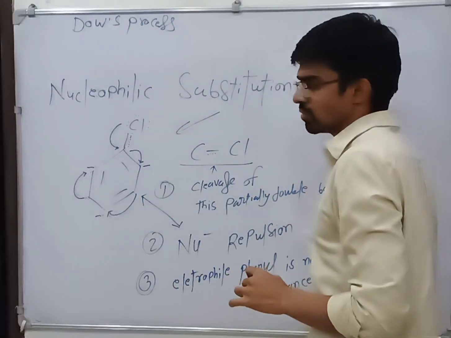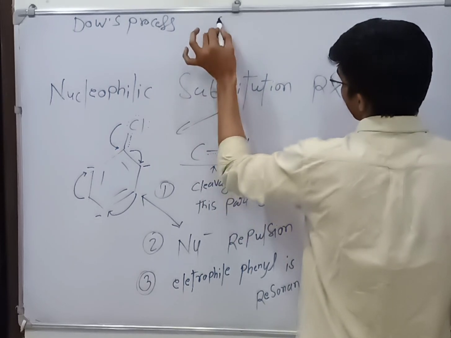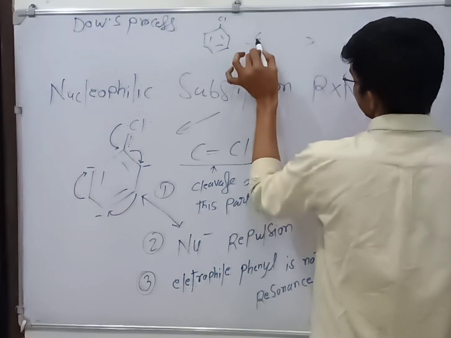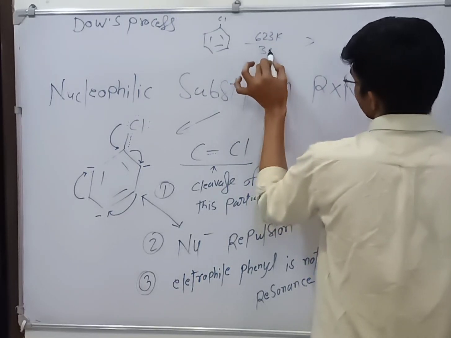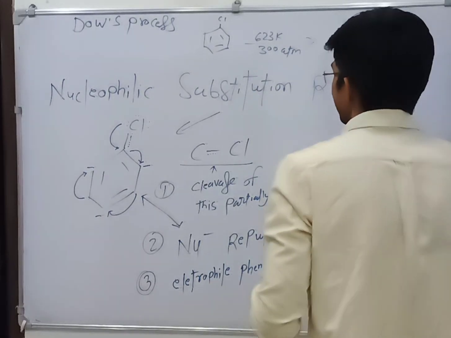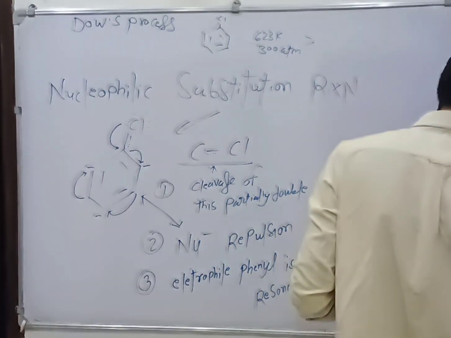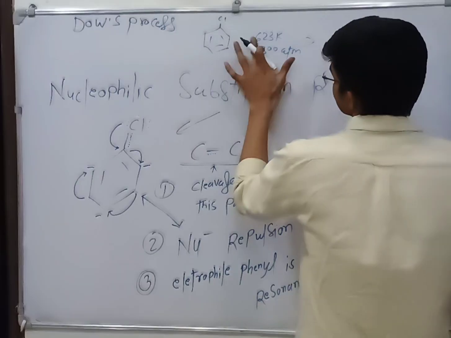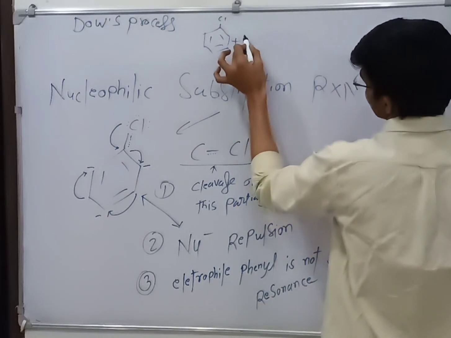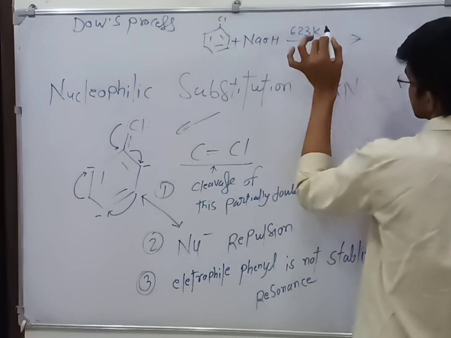In Dow's process, what we do, we take the haloarene and react it with NaOH, sodium hydroxide, at very high temperature and high pressure.